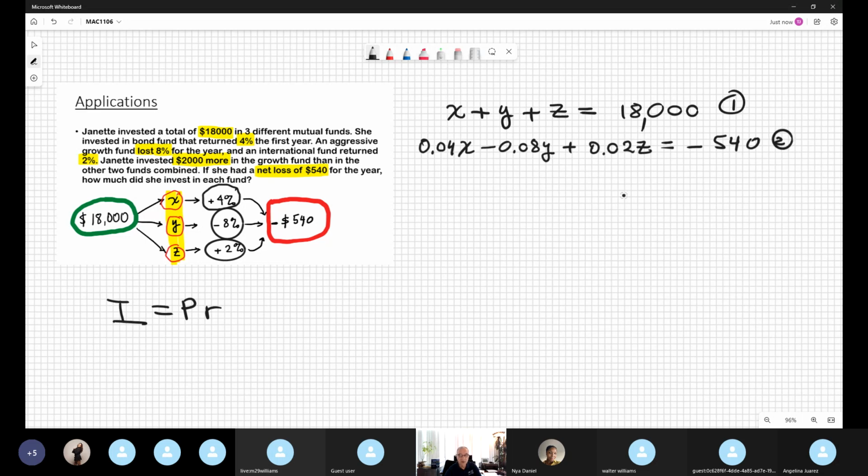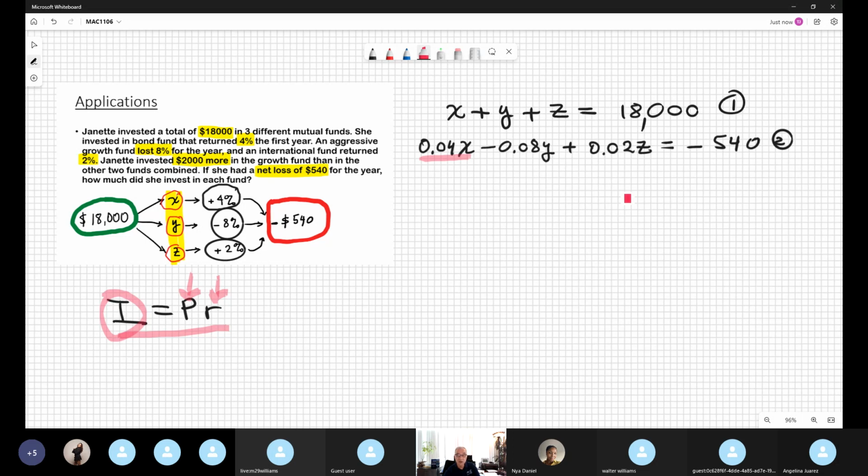Okay, let me try to repeat again the idea. Look, this expression is this expression in which you multiply the money, by the way, I call X, Y, and Z, by the corresponding interest rate, expressed, of course, in decimal. And this gives me the interest.